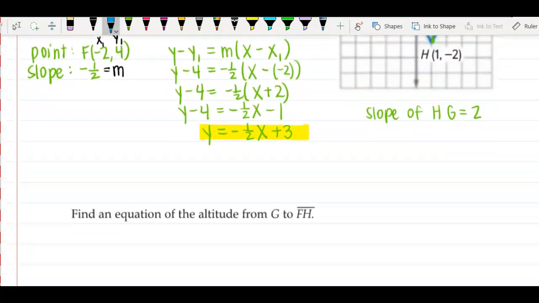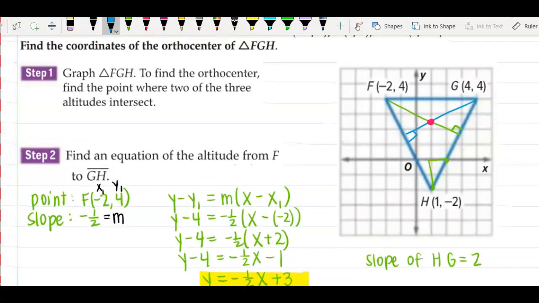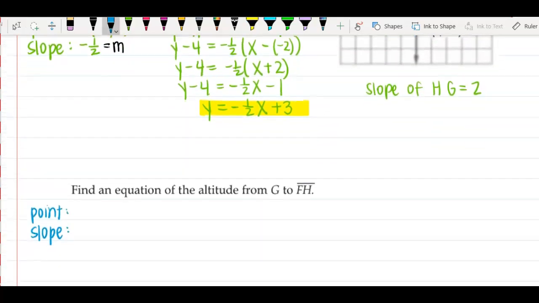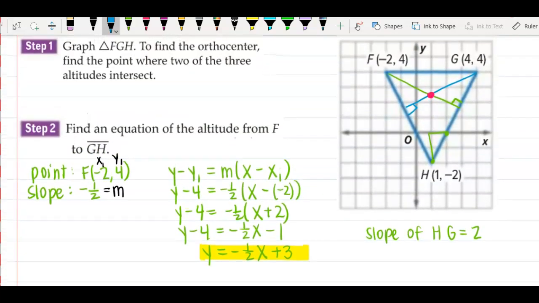Then, if we look at the blue one, we're going to start out the same way. We need a point and we need a slope. The only point we know on our blue line is G at (4, 4). And our slope is going to come from FH. The slope of FH, we could just pick two points, up and over.